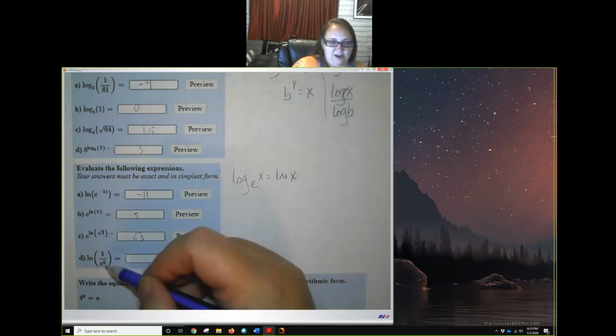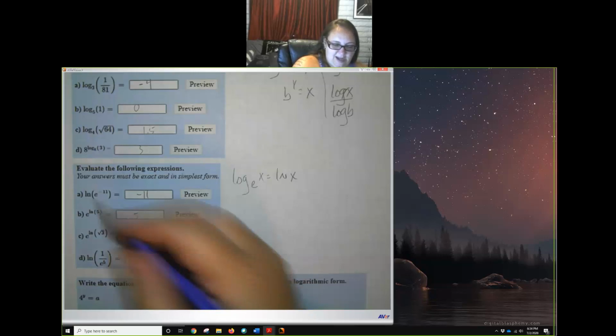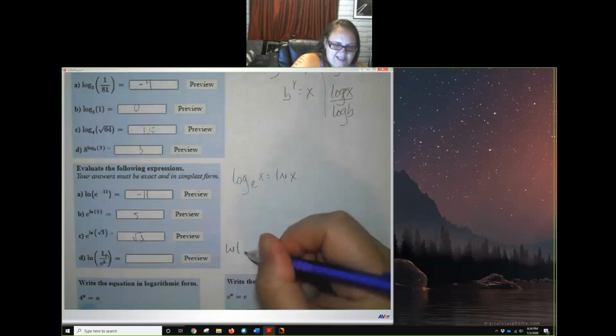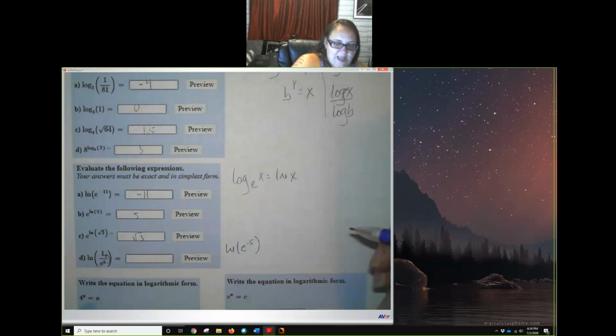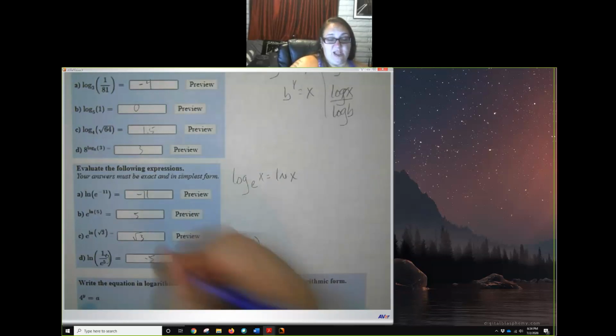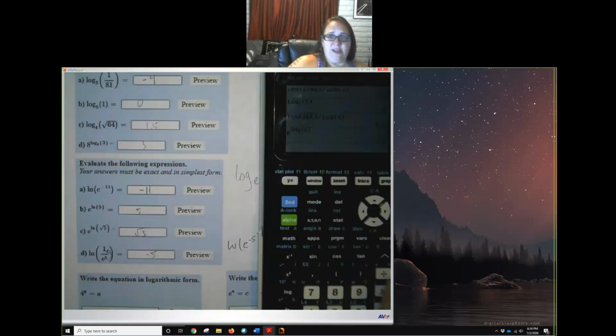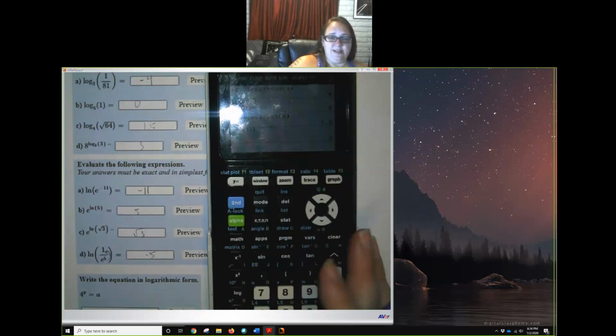And now here, you'd have to know that you have to flip this back up. So you would rewrite this as the ln of e to the negative 5, and that would just be negative 5. And if you didn't know that, then we have the ln and the e buttons in our calculator.